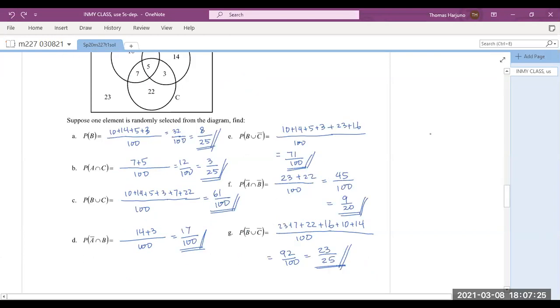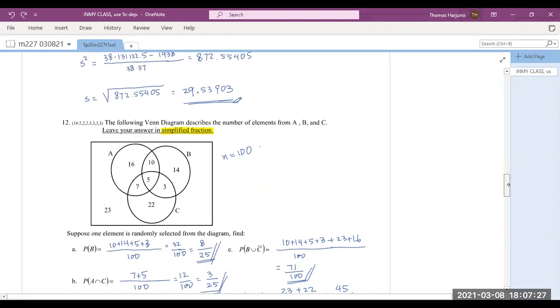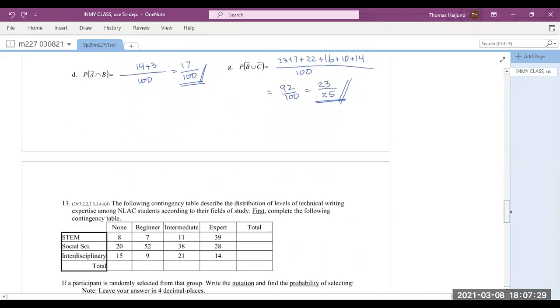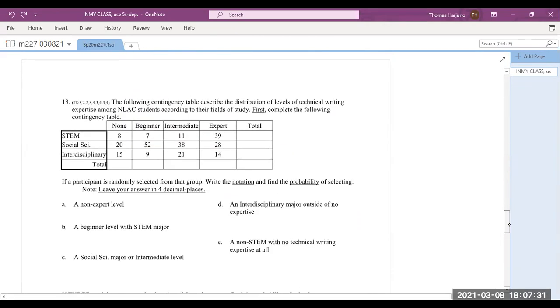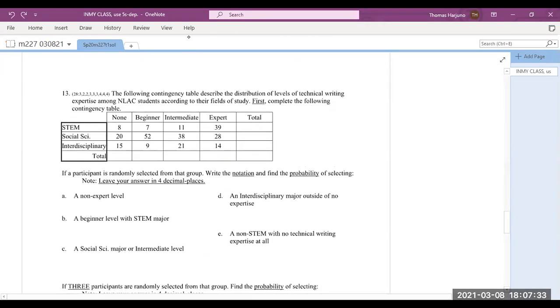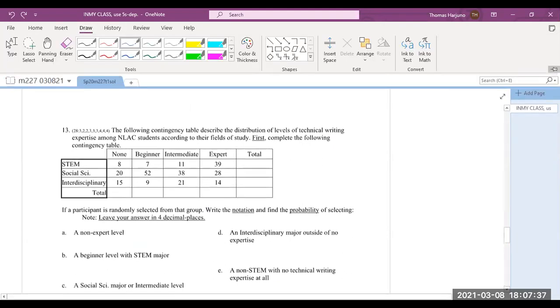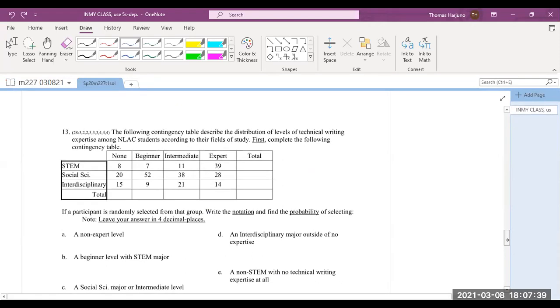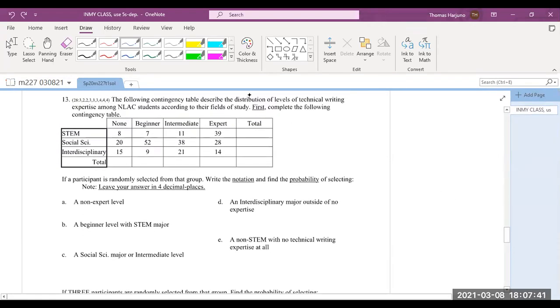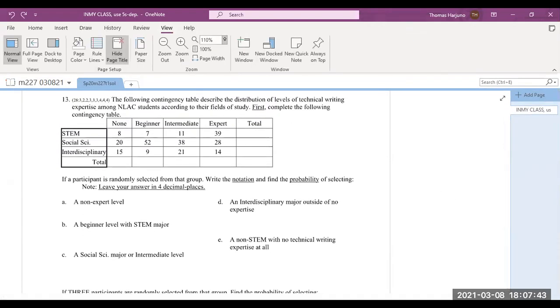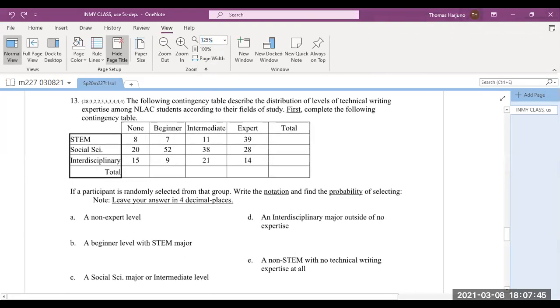Right. Okay, let me go on with number 13. Let me enlarge that a little bit. Okay, let me ask you to do this. Somehow I think we did this problem before, but maybe different numbers.